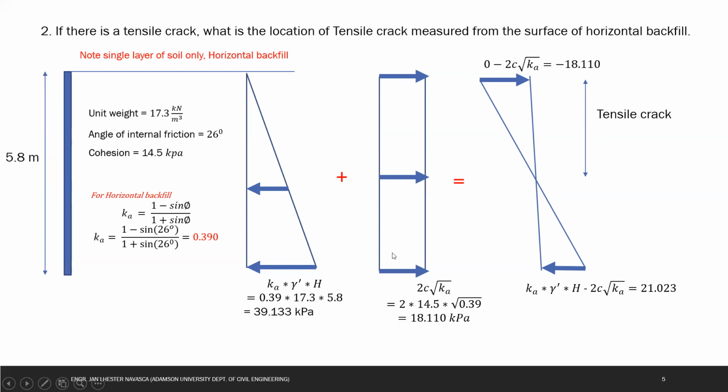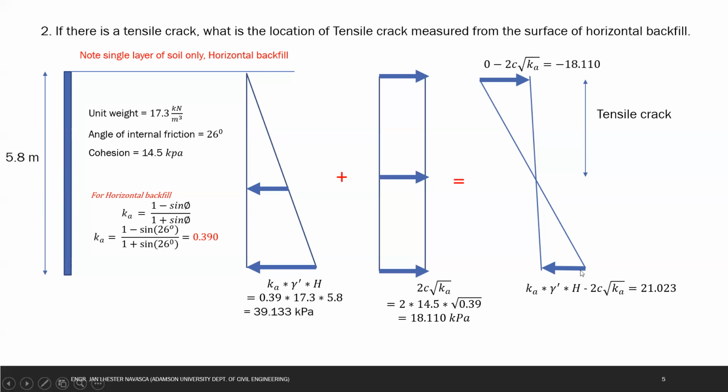So let us solve for the following: K sub A gamma prime H. So that is 39.133 kPa. 2c square root of K sub A, that is 18.11 kPa. Then solving for this diagram, 0 minus 2c square root of K sub A, that is negative 18.110.